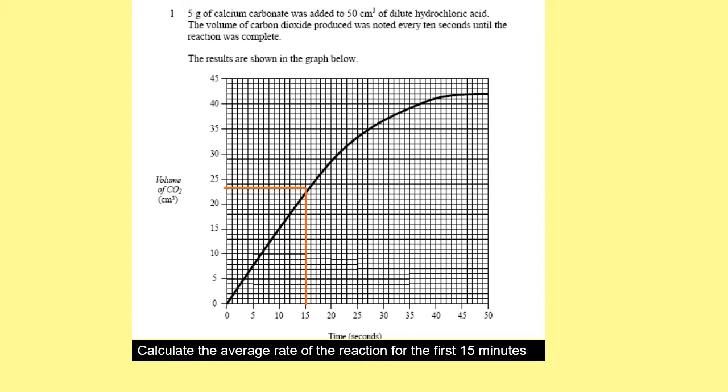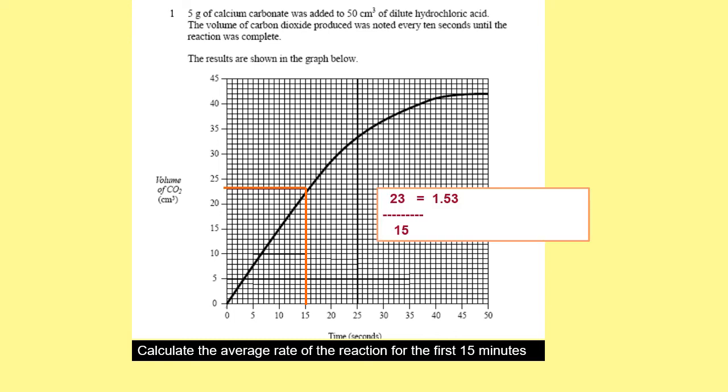But after 15 seconds, we go up from 15 to meet our graph line, and then we go across from our graph to our line for volume. And we see that the volume is about 23. So that's 23 divided by 15, remember, quantity divided by time, and that gives us a value of 1.53 for the rate. The units would be centimeters cubed per second.